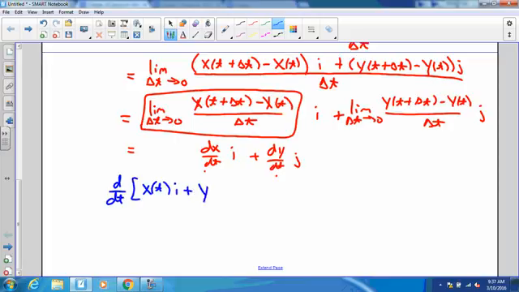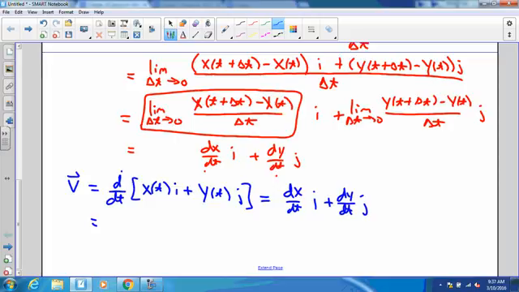Let's write it like this, that the derivative of x of t i plus y of t j, which is my velocity vector, my instantaneous velocity vector, is nothing more than the derivative of x times i plus the derivative of y times j, just like that. We can differentiate component by component.